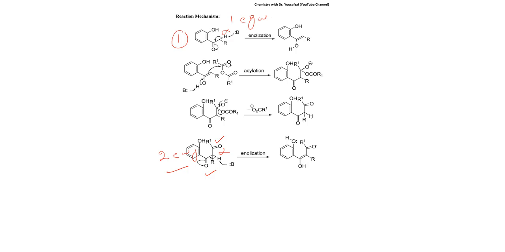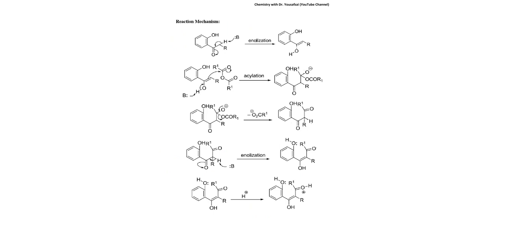Due to the two electron withdrawing groups, this alpha hydrogen atom becomes more acidic and can be easily enolized. So base will abstract this alpha hydrogen atom much more easily than the first one. As a result, it converts into enolate, and then by gaining a proton, it converts into enol.